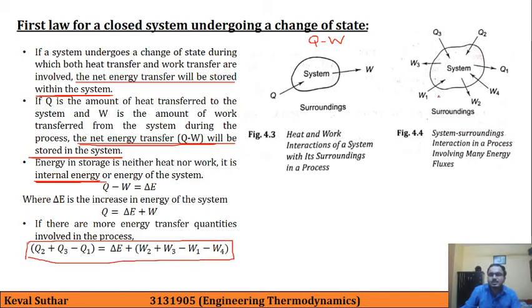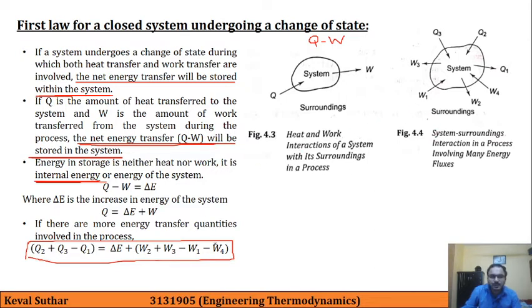Here it is said that when work is done on the system, it is taken as positive, and work done by the system is taken as negative. Q, when it is entering into the system, is positive, and when it is leaving the system, it is negative.